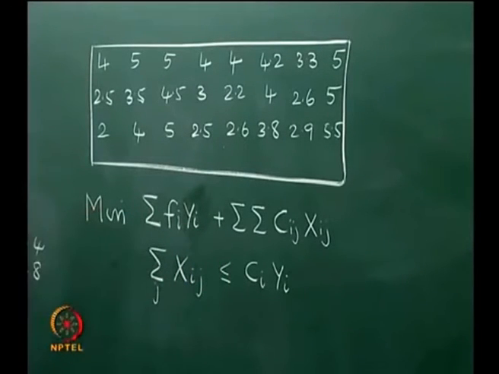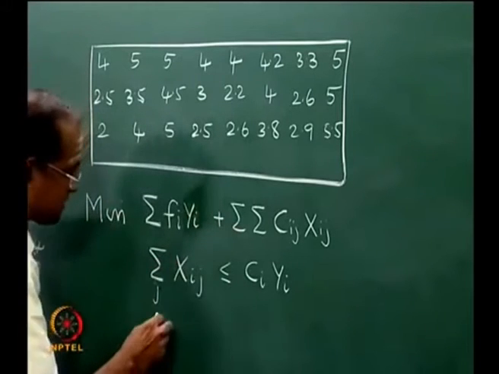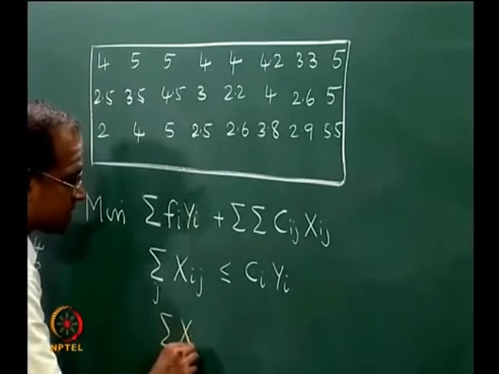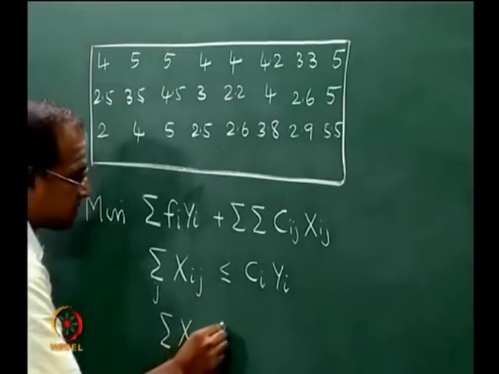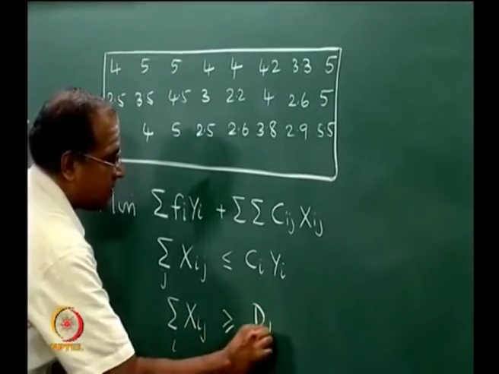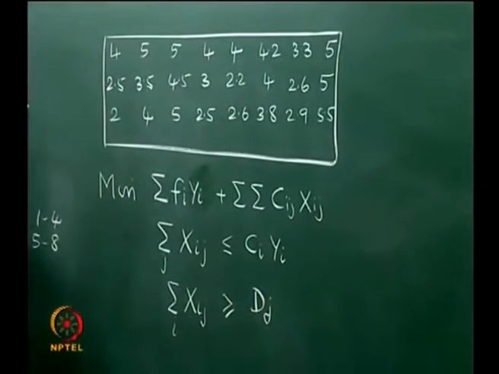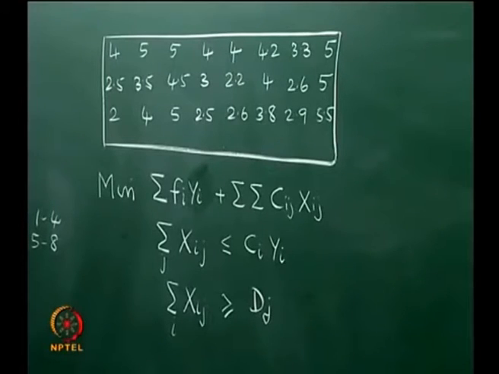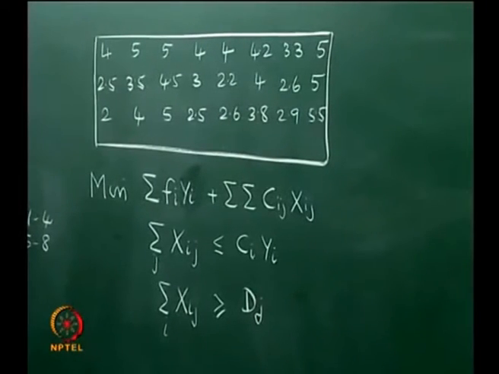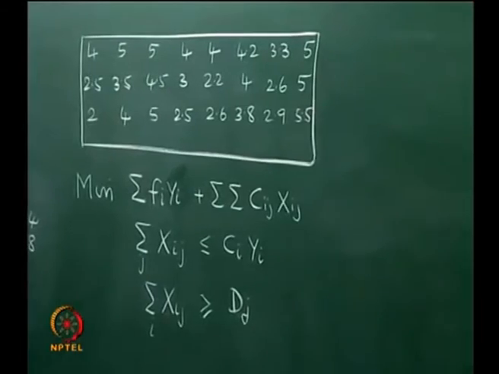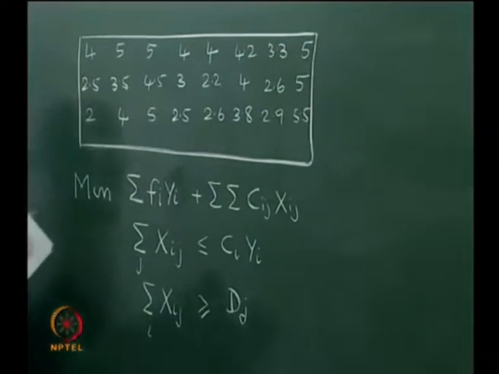This will be the demand constraint: for every j, summed over i, xij will be greater than or equal to Dj, which is the demand for that item. So, we can actually solve this problem optimally, and I will give the optimum solution to it.